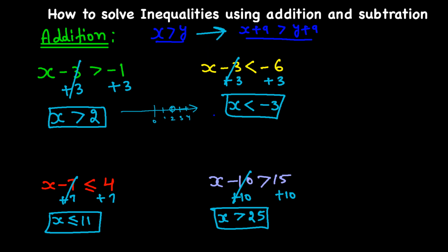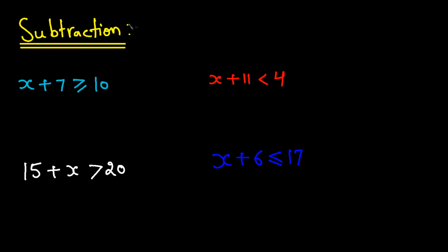Let's do how we can solve them by using subtraction. So these are the examples we're going to go over. Same rule as in addition, but this time we're going to use subtraction. So let's say you got inequality x greater than y again. According to this rule, subtracting the same number from each side of an inequality produces an equivalent inequality.